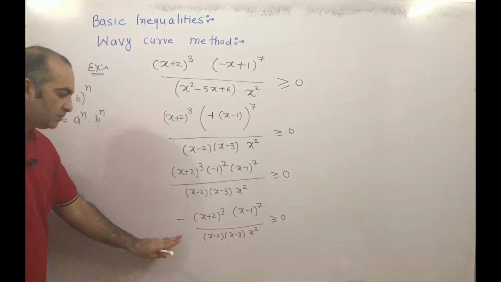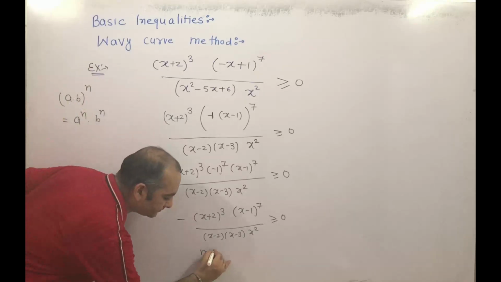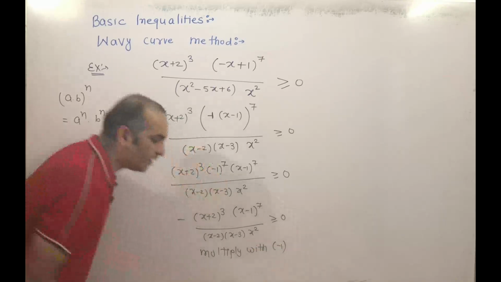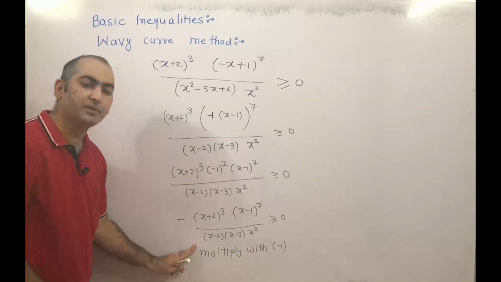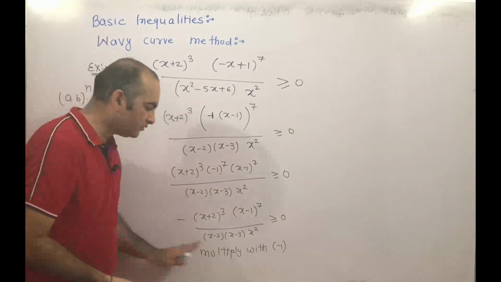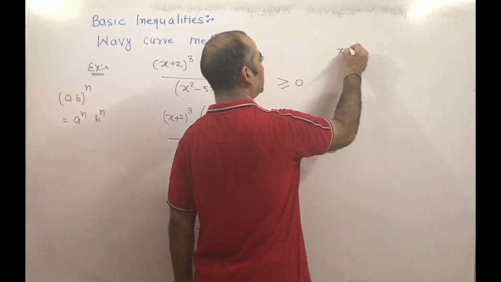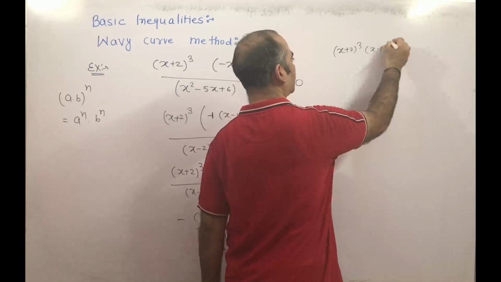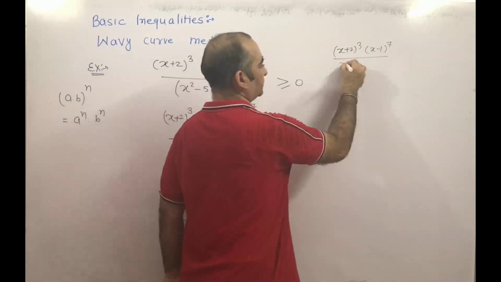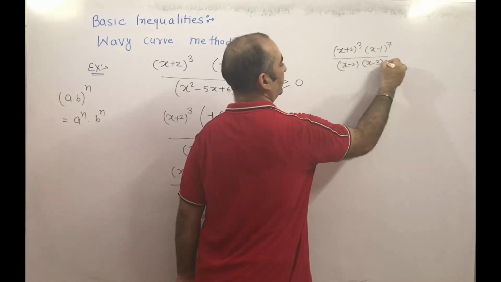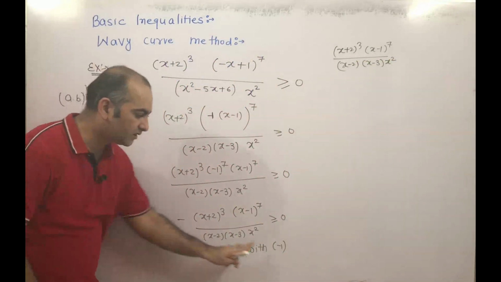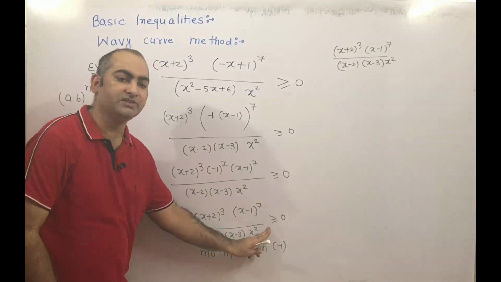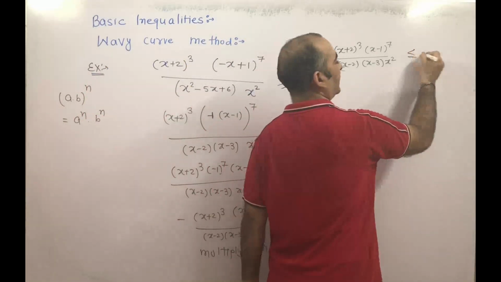Now what you will do, here we will multiply with minus 1. Minus 1 is a negative number. If in any inequality you multiply with a negative number, the inequality sign changes. So minus of minus 1 is plus 1, and what will come here: (x+2)^3 (x-1)^7 divided by (x-2)(x-3) x². And the inequality sign will change, so this will be less than or equal to, and minus 1 into 0 is 0 only.